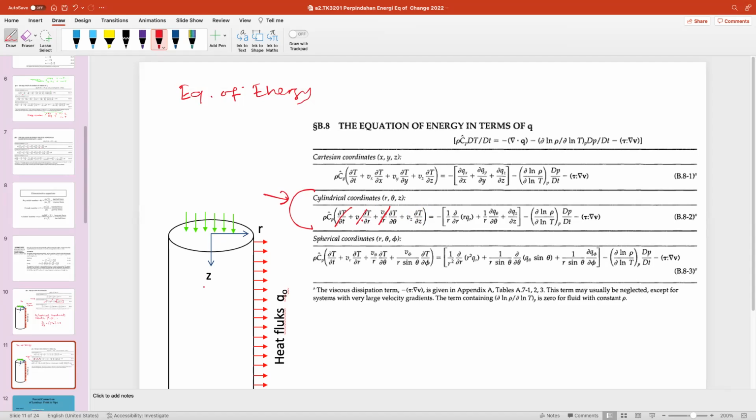That would be some change. So that would be rho Cp Vz dou T over dou z.